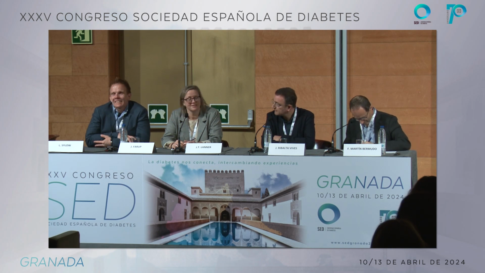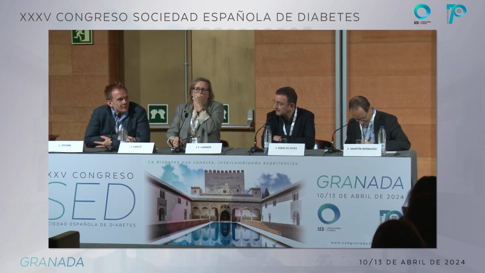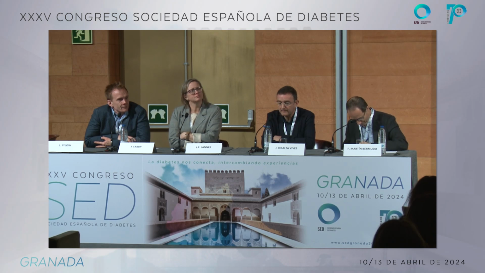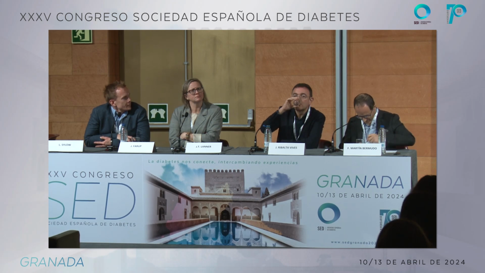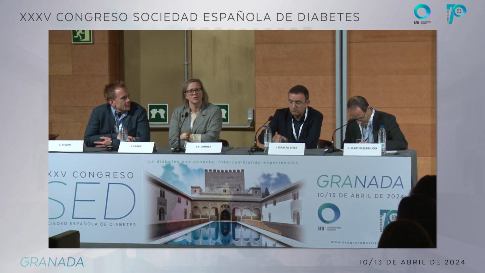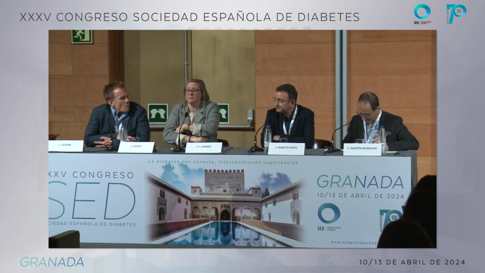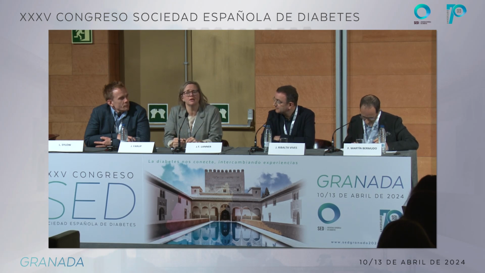Do you have any hypothesis why? Because this is true, there is a lot of publication regarding sarcopenia and the use of SGLT2 inhibitors. Straight off my head, I do not know.